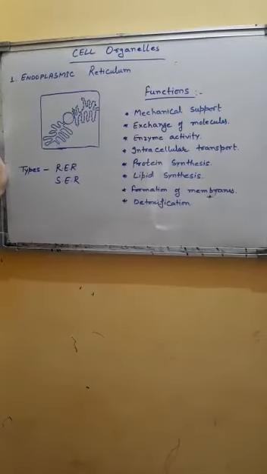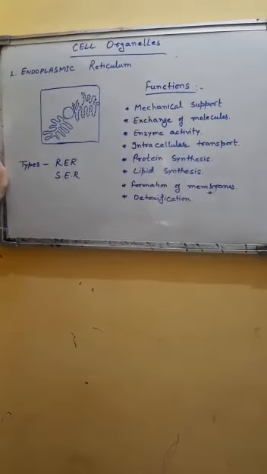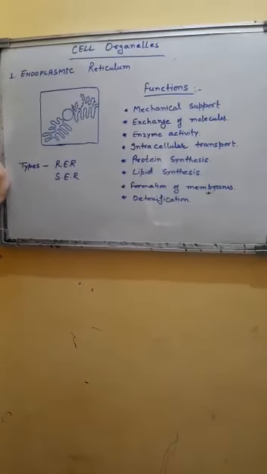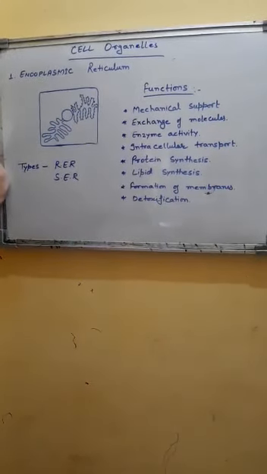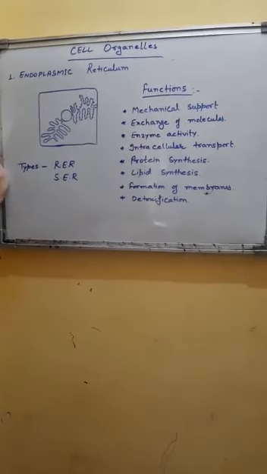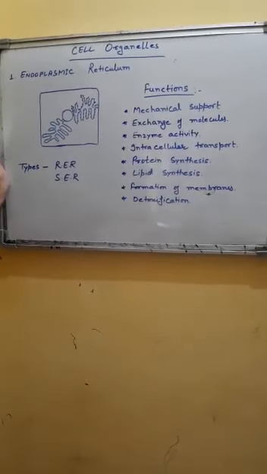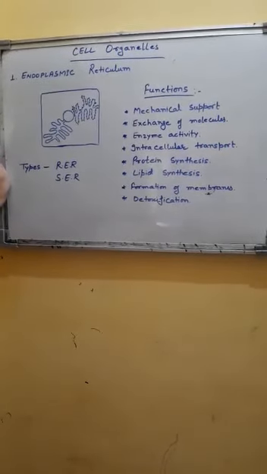It is absent in prokaryotic cells and RBCs of mammals. Means except mammalian RBC, all eukaryotic cells contain endoplasmic reticulum. Mammalian RBC and prokaryotic cells lack endoplasmic reticulum.